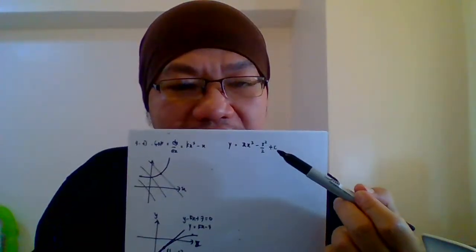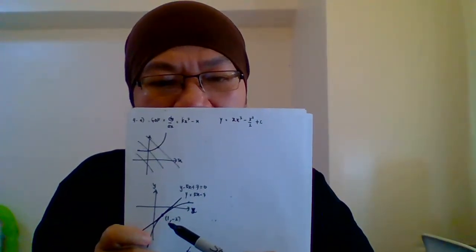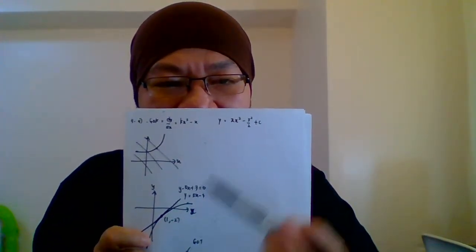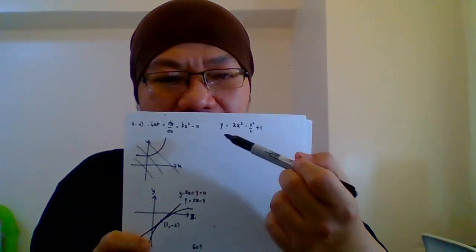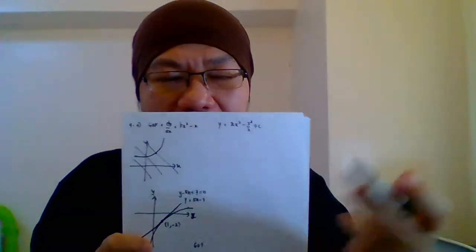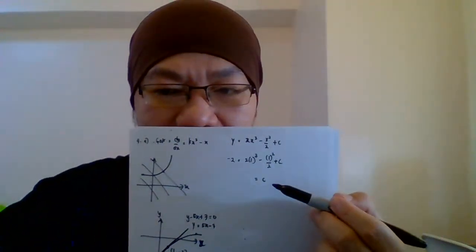Okay, so how to find c here? Now look at here, we got a coordinate (1, negative 2). Complete the coordinate: substitute 1 with x and negative 2 with y, then we got c. So negative 2 equals to 2(1 cubed) minus 1 squared over 2 plus c. Now, someone tell me what is the answer for c here.